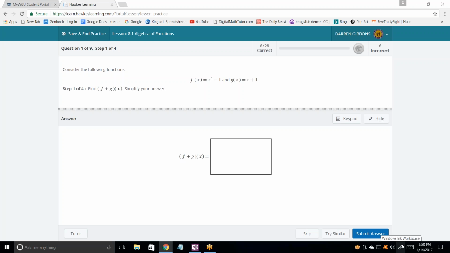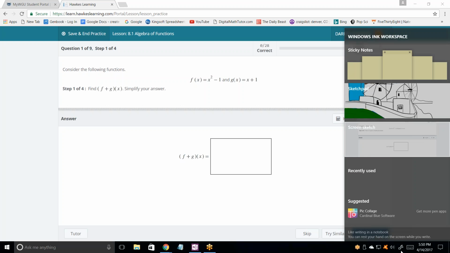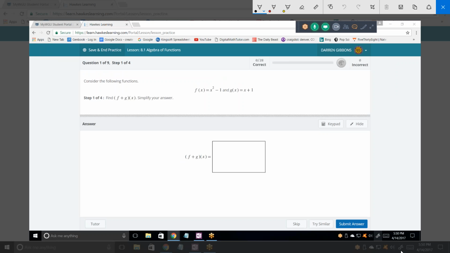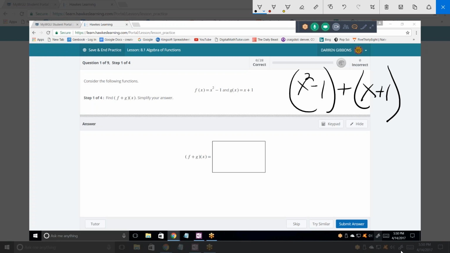So I started my log explanation a little early. If you're adding two different functions, then it's pretty easy. It's x squared minus 1 plus x plus 1. Remove the parentheses and simplify that. What do you get?